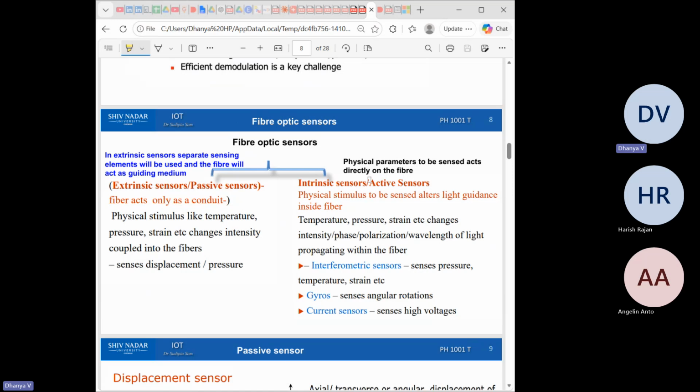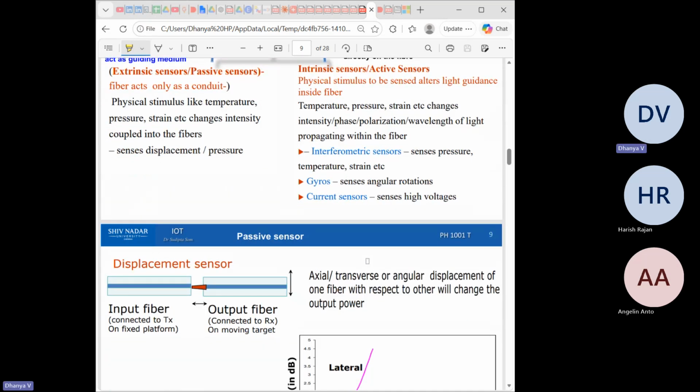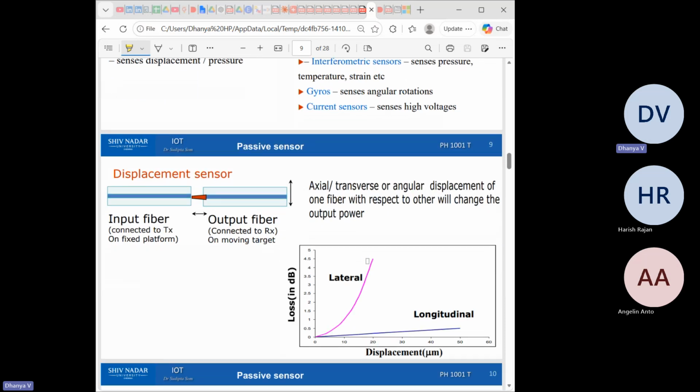It's like a tongue twister. Your interferometric sensors sense pressure, temperature, and strain. Gyros sense angular rotations, and your current sensors sense high voltages. Then your displacement sensor.